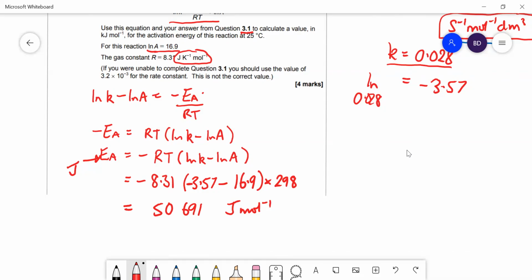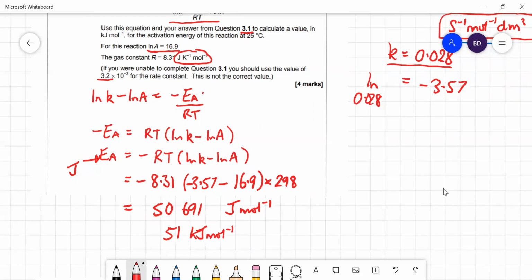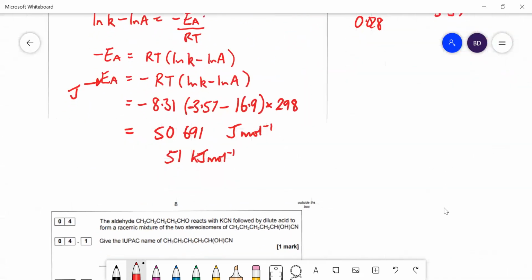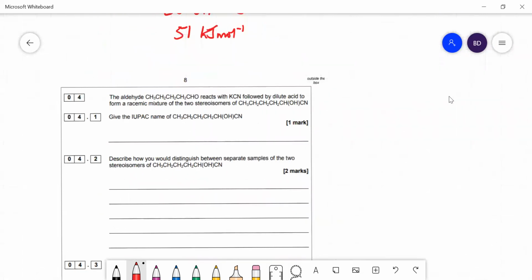The least accurate bit of data is in 2 sig figs, so we should call that 51 kilojoules per mole. So that question was really just all about putting numbers into your calculator and into formulae. Okay, right, some organic now then.